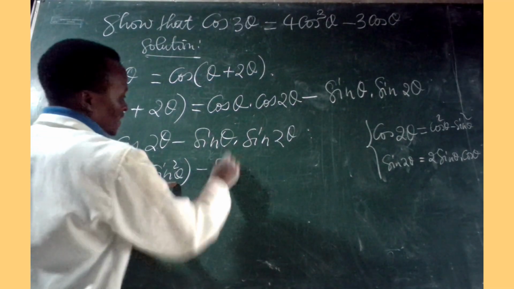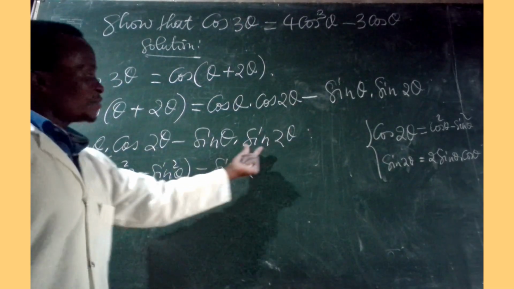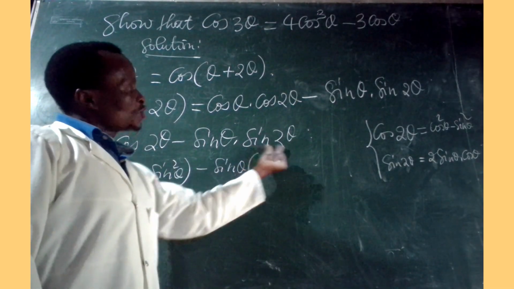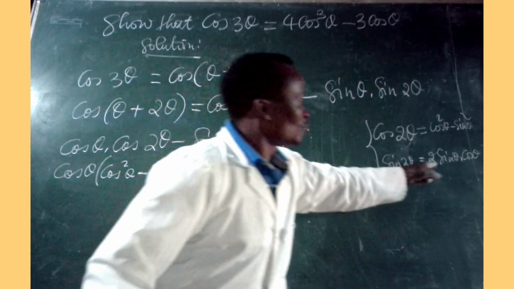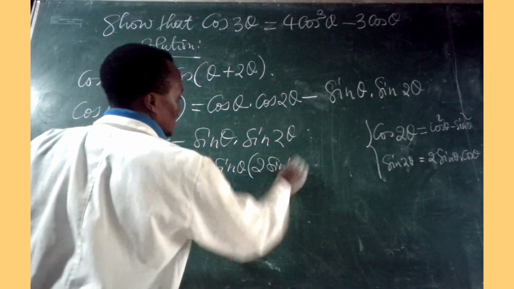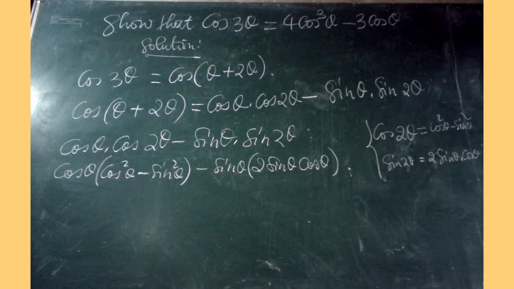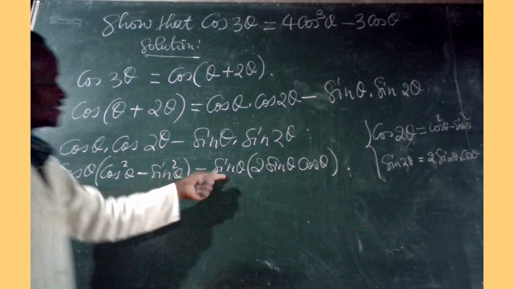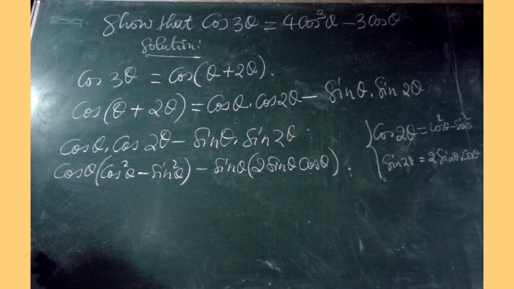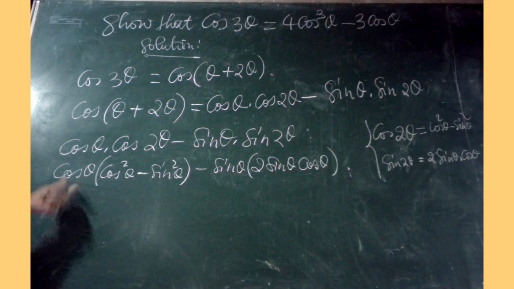We have sine theta times sine 2 theta, which will be equal to 2 sine theta cosine theta. Now we are going to multiply this into this one and this into this one.